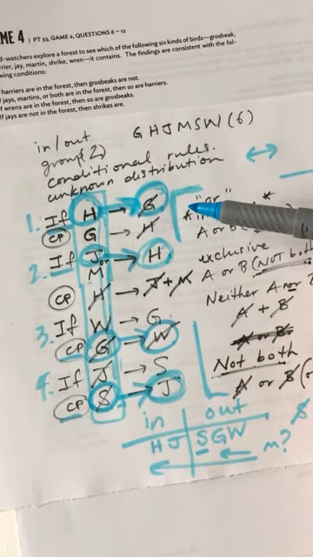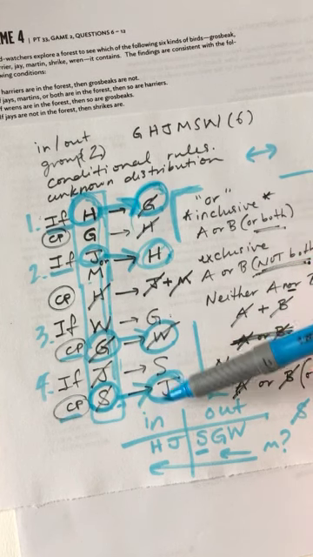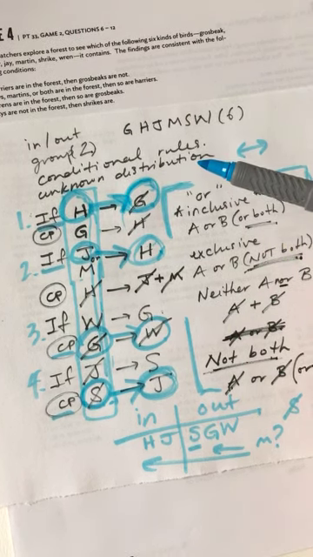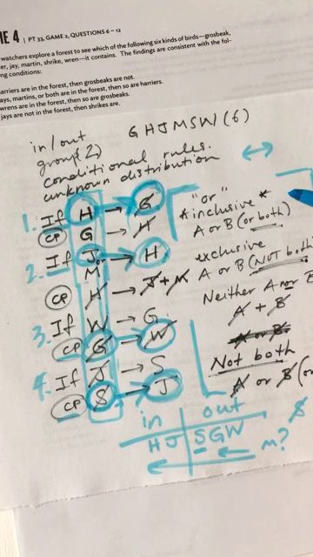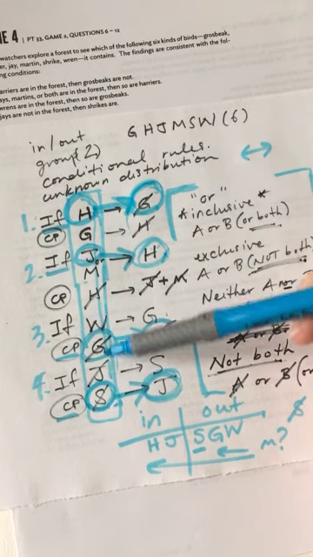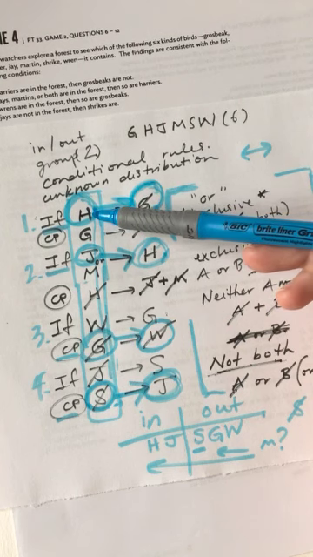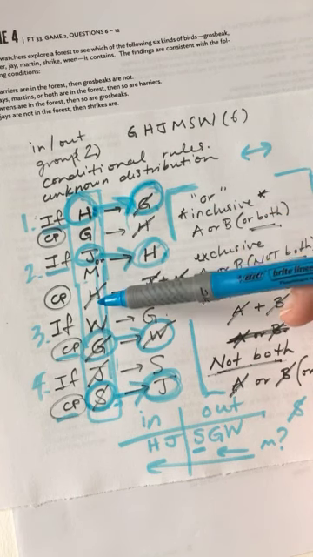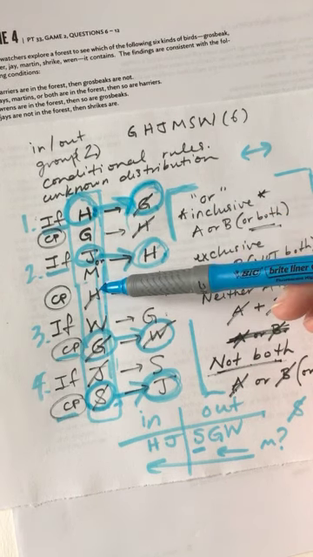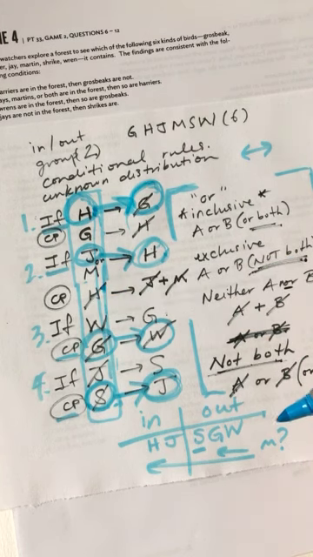But with these, I'm never looking along the right side for triggers. So when I know something about H, I am always just going to look on the left side. If I know H is in, then this is a trigger. If I know H is out, then that's a trigger. And that's it.